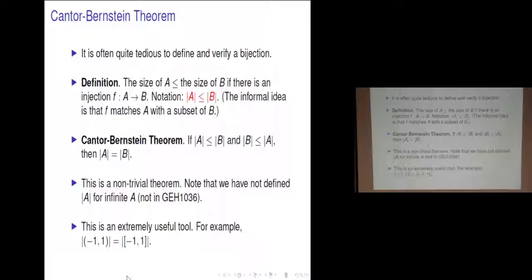You just divide everybody by 2. You shrink the closed interval to the closed interval from minus half to positive half. And that closed interval sits inside the open interval. So you match the closed interval with a subset of the open one. Immediately you get left-hand side is less than or equal to right-hand side, and right-hand side is less than or equal to left-hand side. So by Cantor-Bernstein, they are equal. So you can see this is much easier.